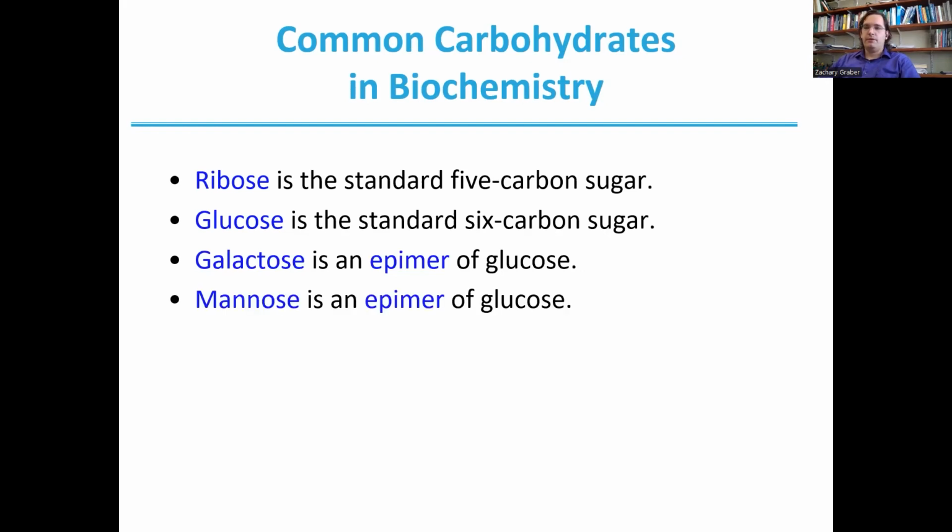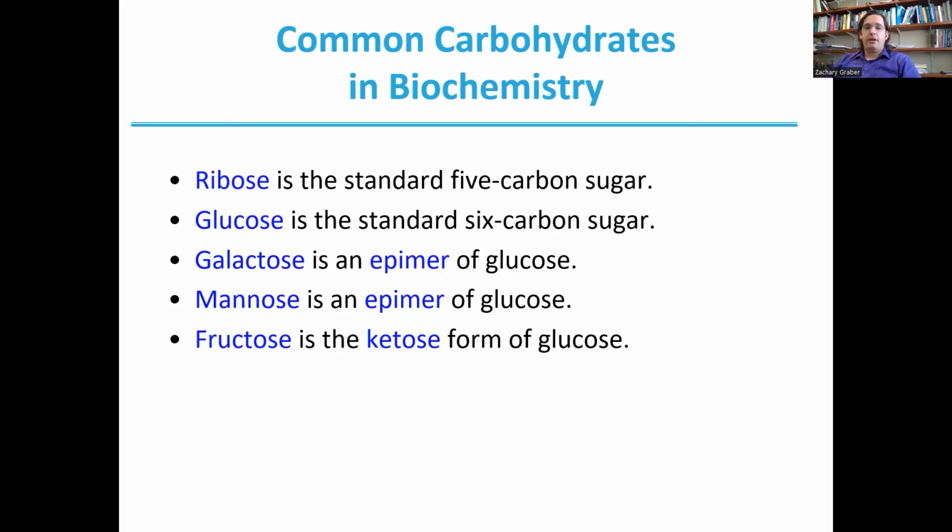Galactose and mannose are both epimers of glucose that are also commonly used as energy and are used in many different polysaccharides as well. Fructose is the ketose form of glucose, so it's actually a constitutional isomer of glucose, and it's also used as an energy source. These 5 sugars are the most important sugars for us to know in biochemistry.